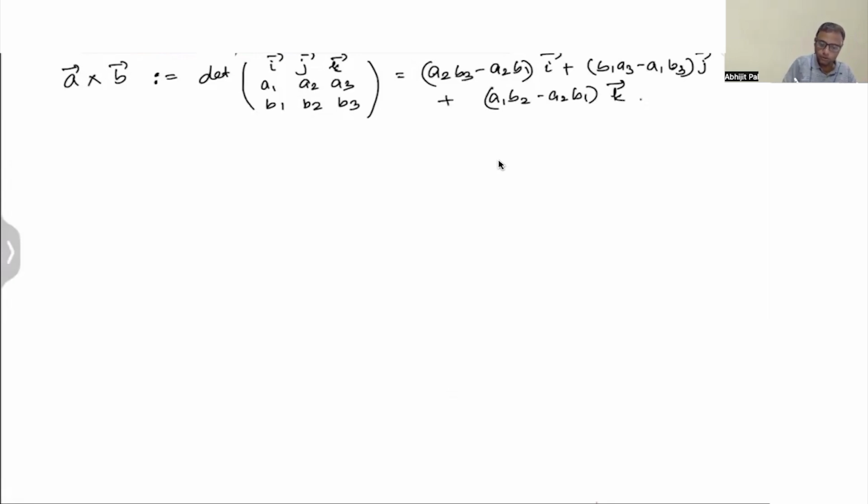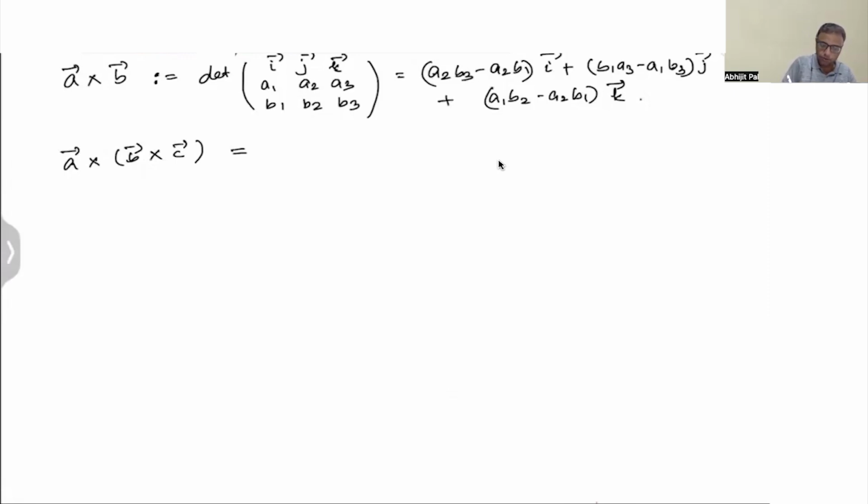Also, we have the following identity, which you can show. Take three vectors A, B, C now and take the following vector product. First you take B vector product with C, and then after that you take A vector product with the result.